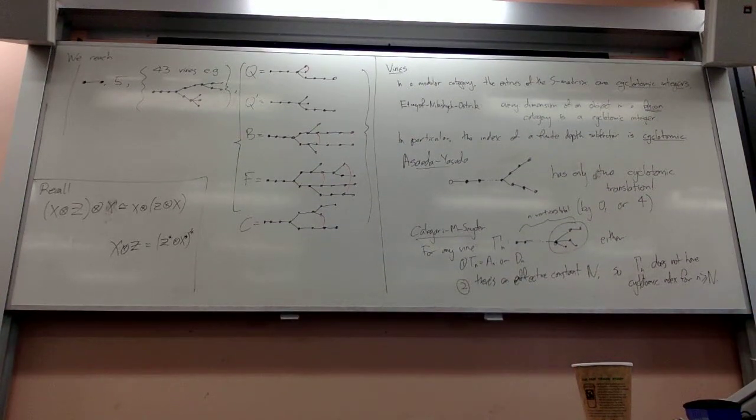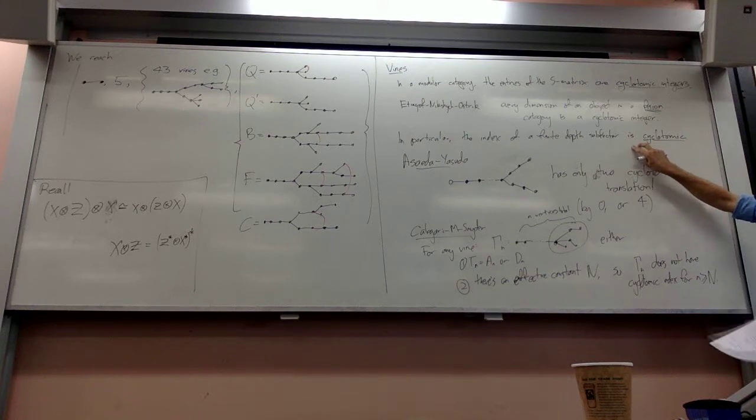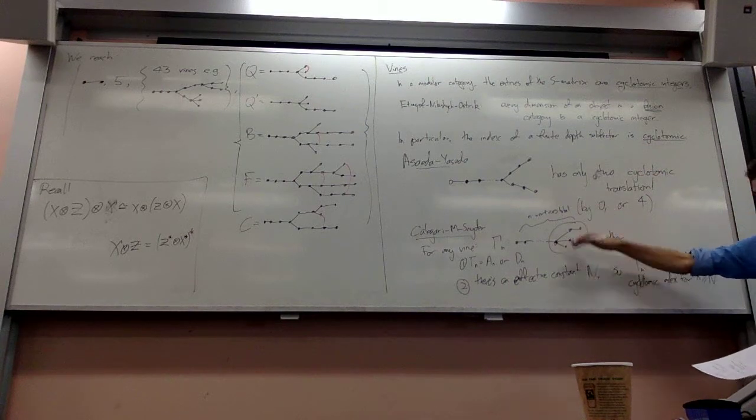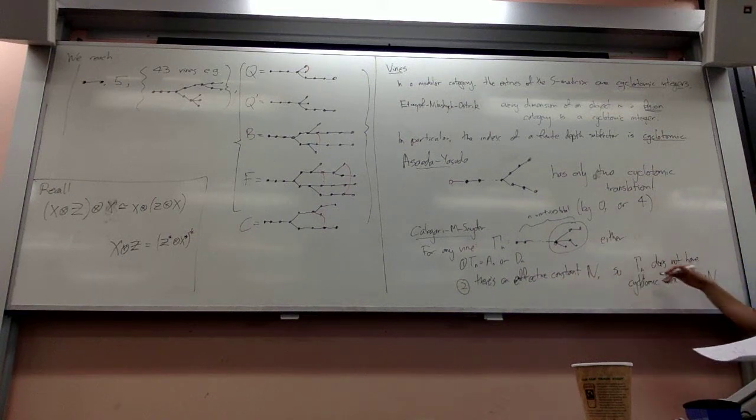There's a slightly stronger result than this one. Not only is the index of the finite depth subfactor cyclotomic, but all of the multiplicity-free eigenvalues of the adjacency matrix have to be cyclotomic too. And there's another version of this theorem with a far better constant that says that after that constant, there is some multiplicity-free eigenvalue of the adjacency matrix which isn't cyclotomic.